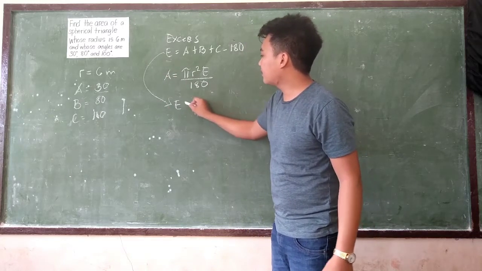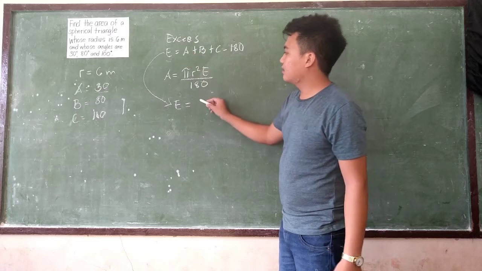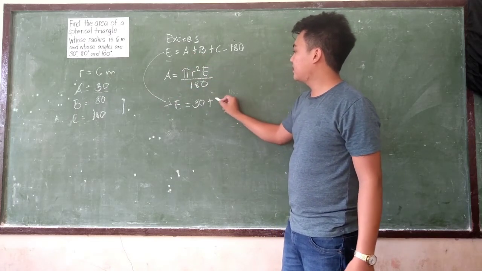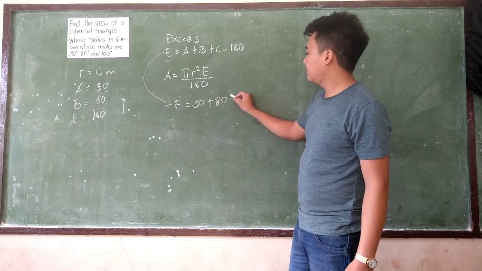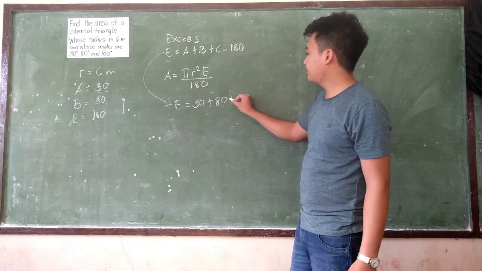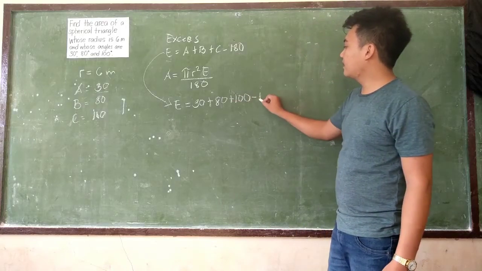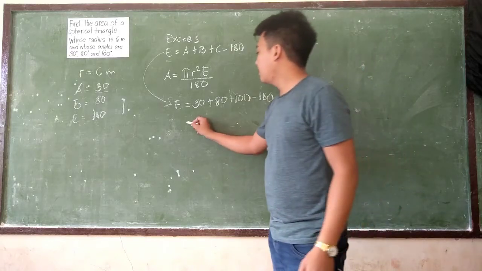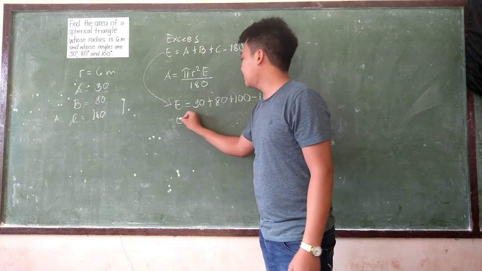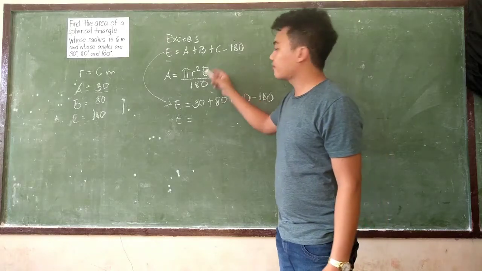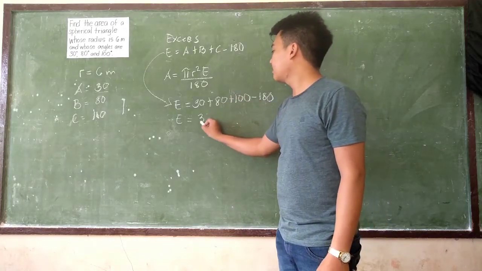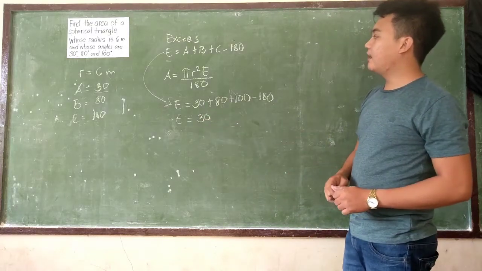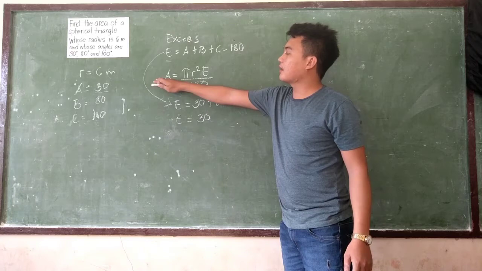So E equals, substitute the values of the angles, that is 30 plus 80 plus 100 minus 180. So our spherical excess is equal to 30 degrees. And then now we can solve the area.